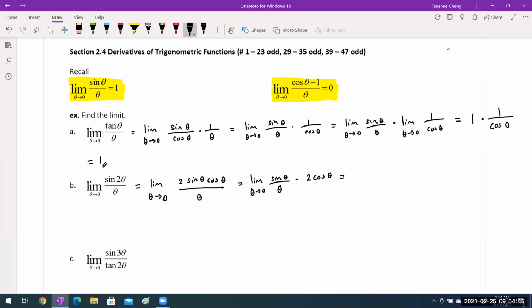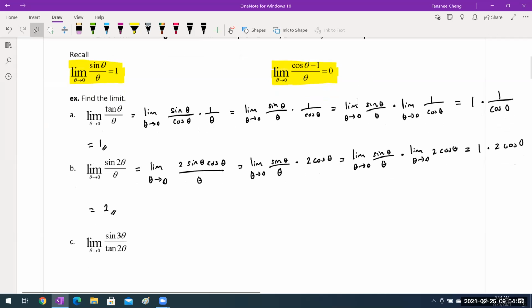And each function's limit exists. So therefore, I can use the product rule to rewrite it as the limit as theta approaches 0 of sine theta over theta, and then 2 times cosine theta. And that will give me 1 times 2 times cosine of 0. So therefore, my answer is 2, because cosine of 0 is 1, and 1 times 2 is 2.